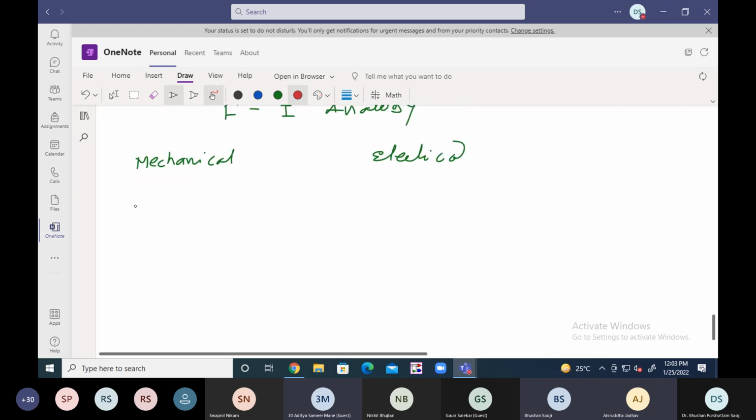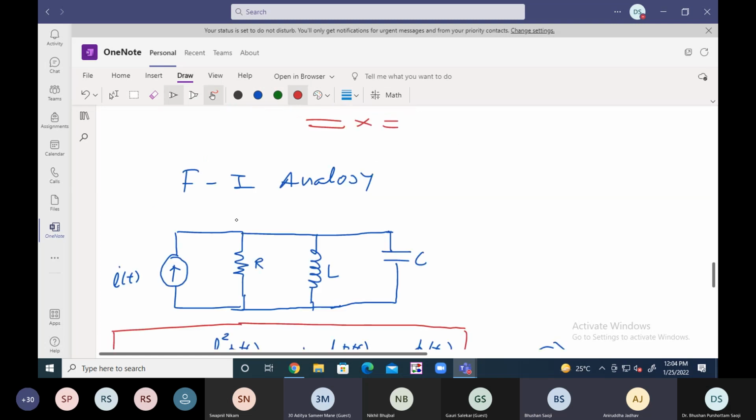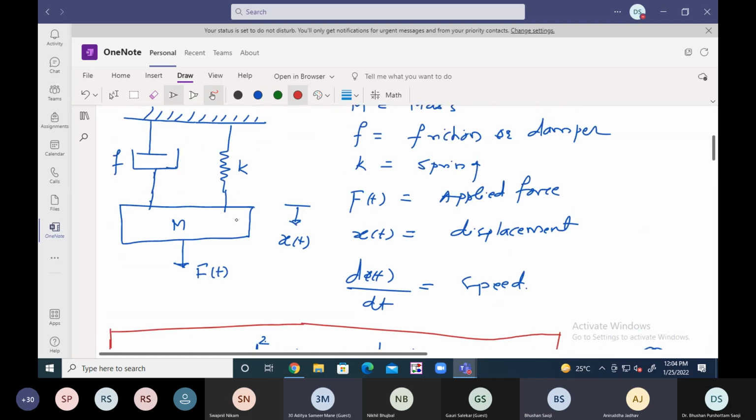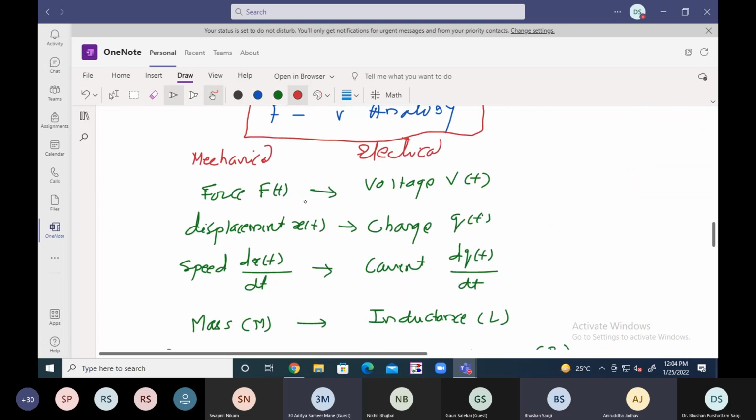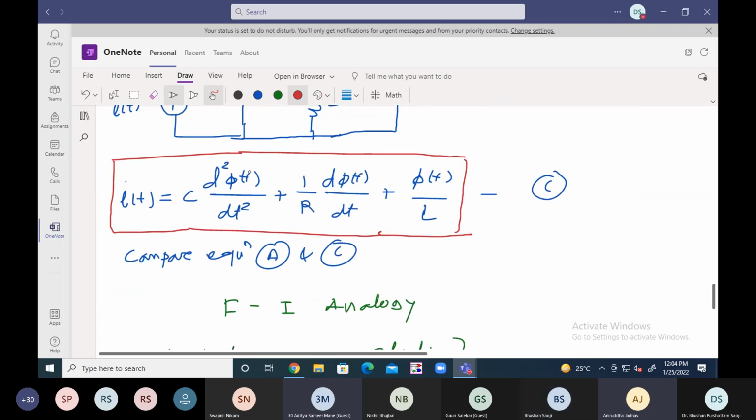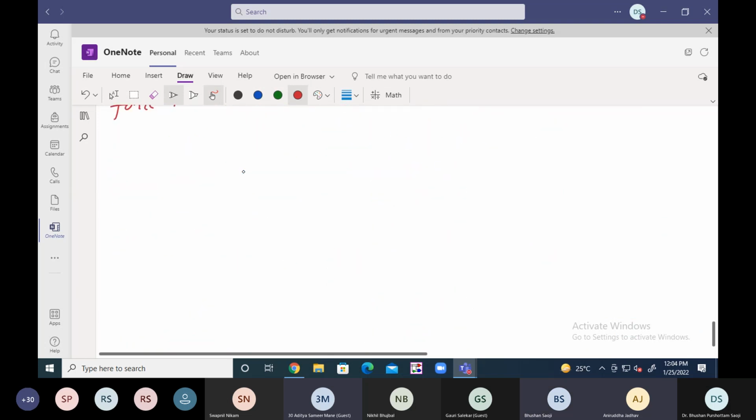So we write force F of t, and here current I of t, that is input. Input is the force, and in the electrical case, input is the current. Then there is a displacement x of t, and here the flux phi of t.